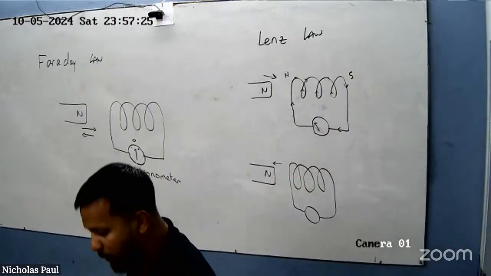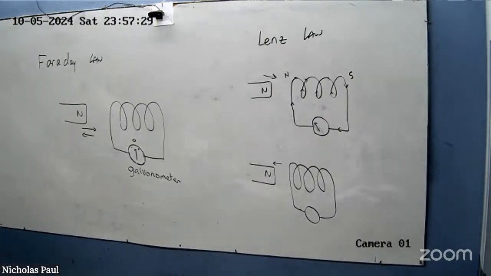Use your right-hand rule. Remember the magnet is moving outward, so the induced magnetic field wants to pull it inwards.